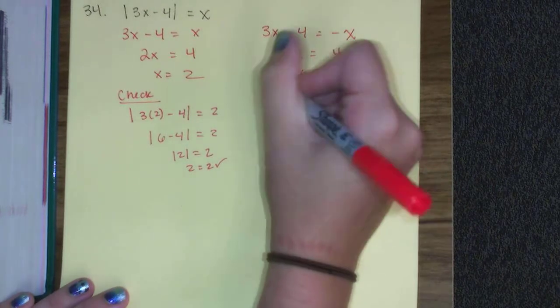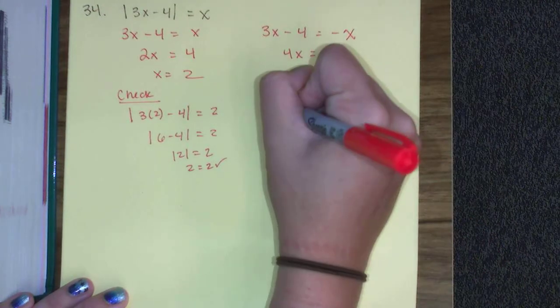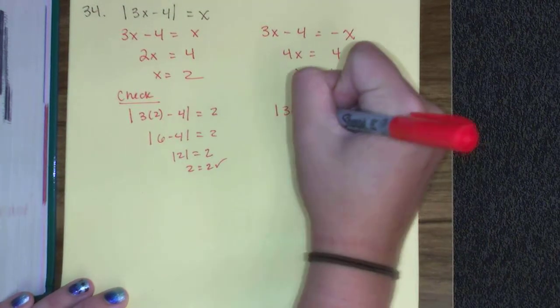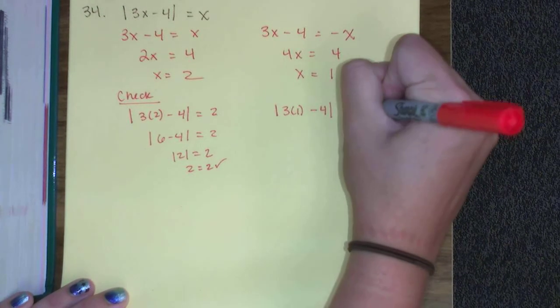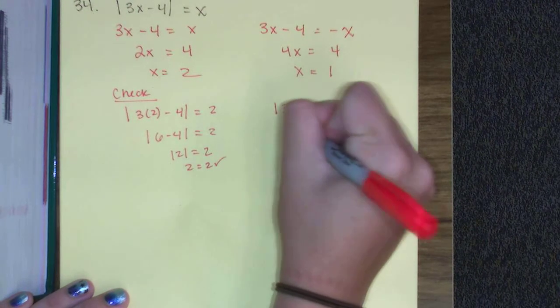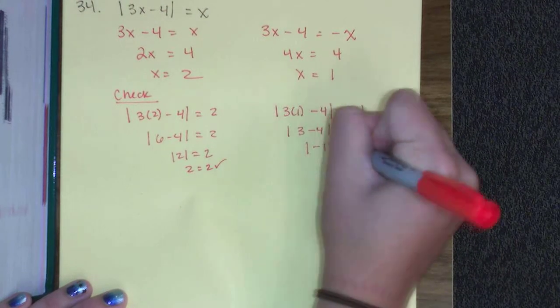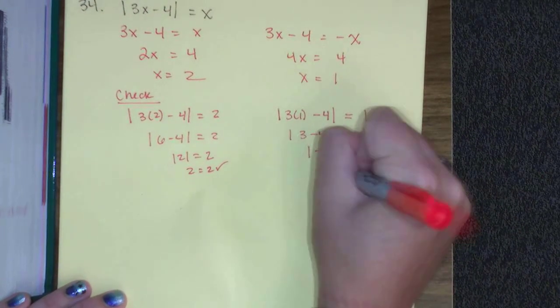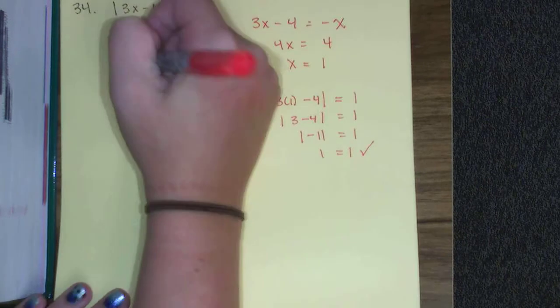The other one, the absolute value of 3 times 1 minus 4 is equal to 1. So the absolute value of 3 minus 4, absolute value of negative 1 is equal to 1. So 1 is equal to 1. So that one's good.